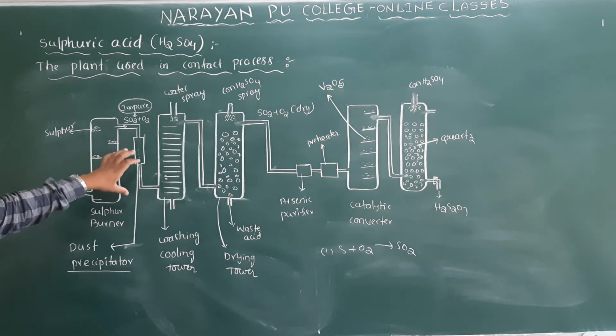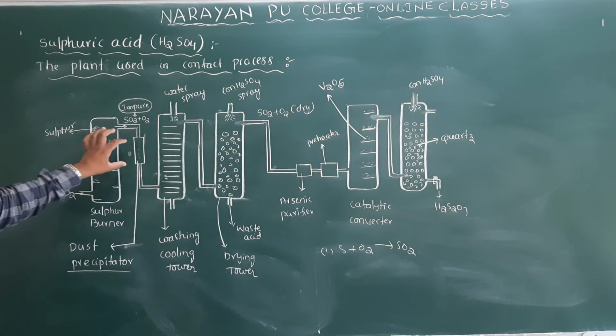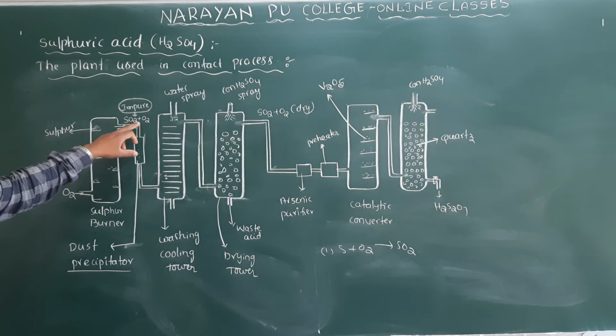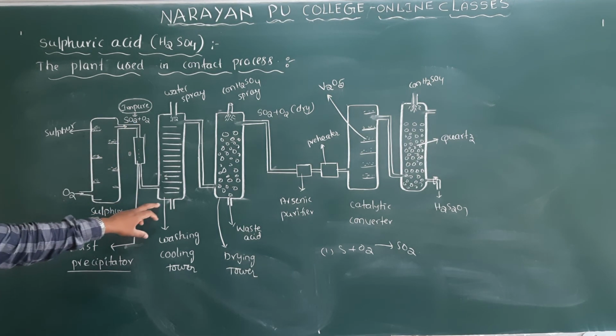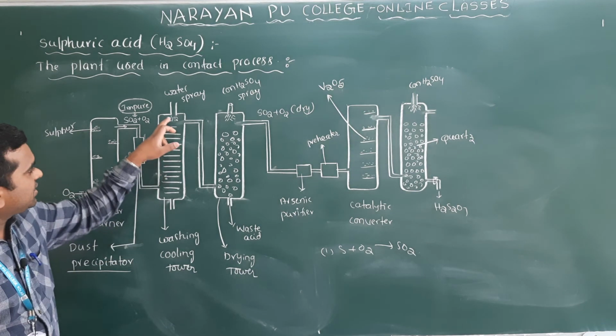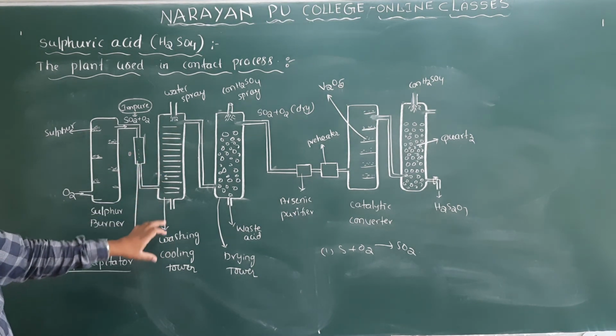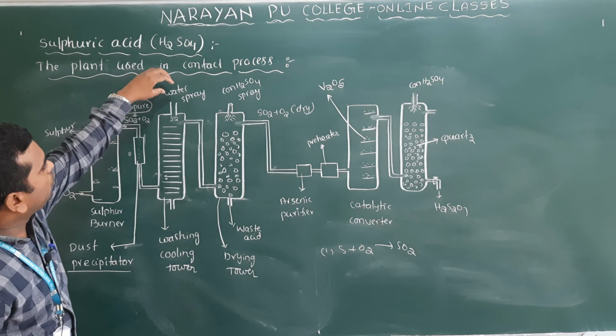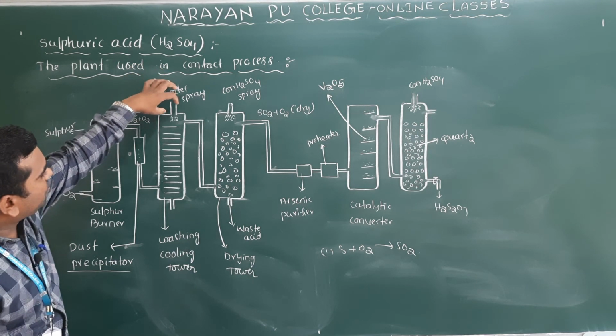After removing some dust particles in the dust precipitator, SO2 and O2 will be passed into the washing and cooling tower. We will spray water from the top of the tower.